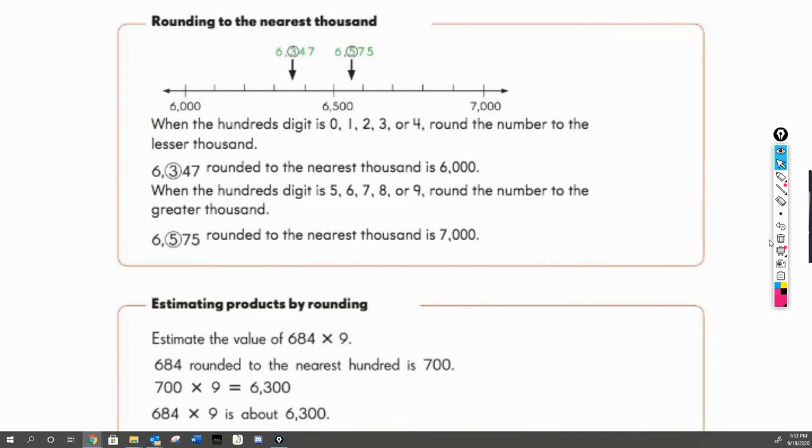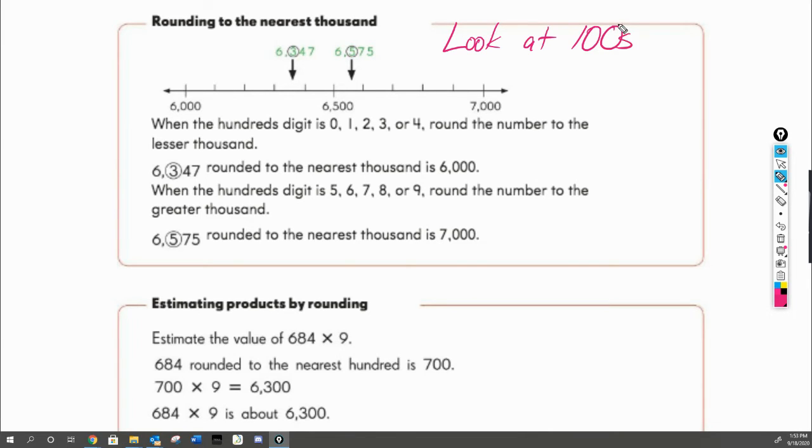Rounding. Once again, rounding is hopefully review. In this case, for rounding to the nearest 1,000, you always look at the digit that's following the one you're rounding to. So for rounding to the nearest 1,000, we look at the 100s place.